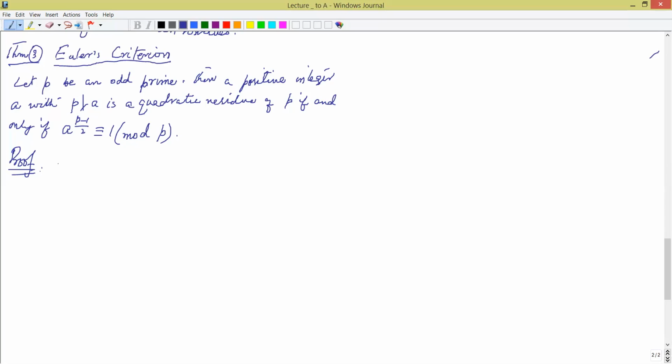First, we suppose a is a quadratic residue of p.